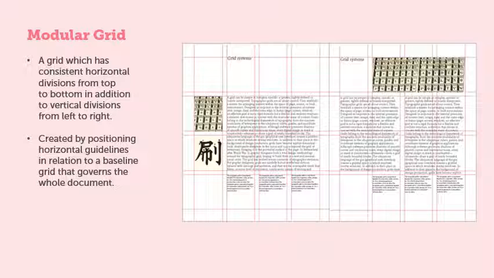So what a modular grid is, it's a grid that has both horizontal divisions but also vertical divisions. So you're making essentially a grid. And what you're using this grid for is to help you position all of your images and text in consistent ways from page to page, spread to spread.